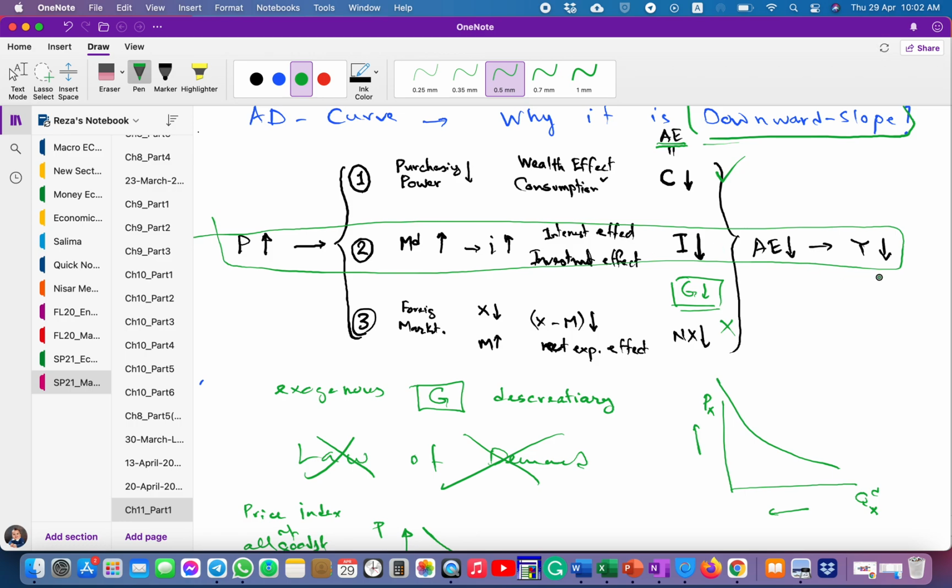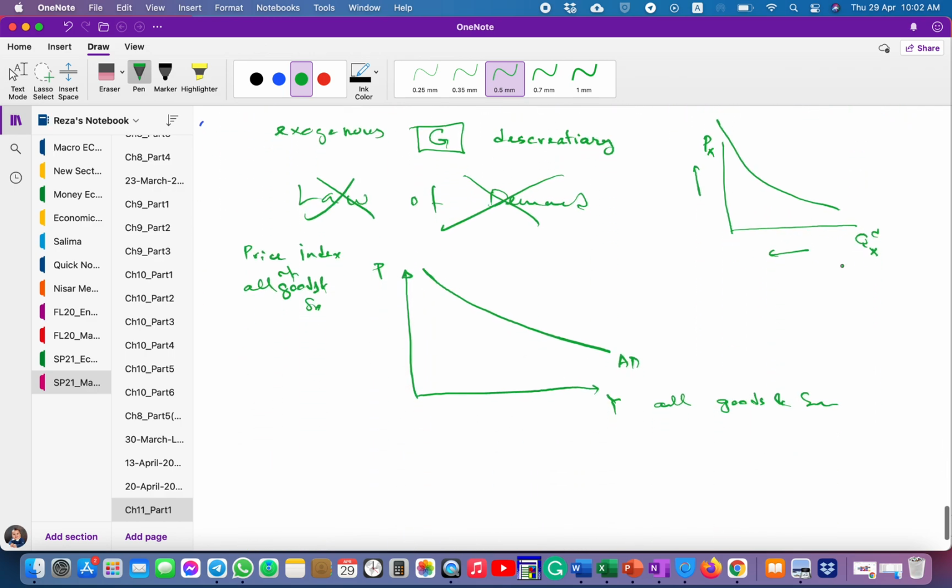If the goods and services market wants to be in equilibrium, the moment the price increases, the aggregate expenditure shifts downward, so we are going to have a new equilibrium, a lower level of output. So that is why. There's a nexus between the price and output, which is downward sloping.